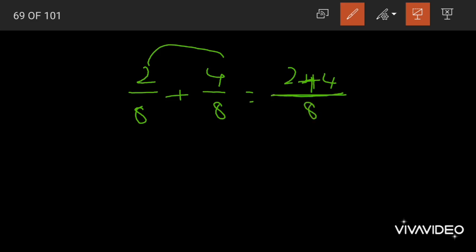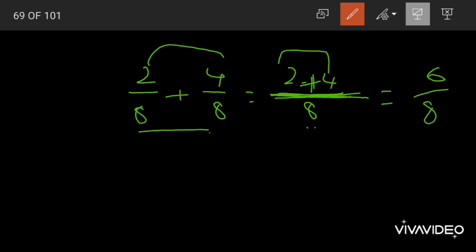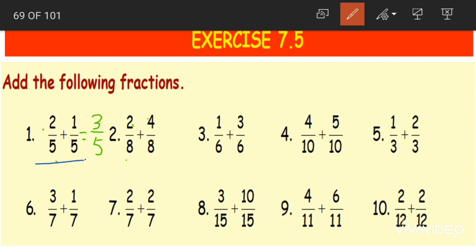Children, remember to keep this line for the sum, the whole sum divided by our denominator. 2 plus 4 is equal to 6 divided by our common denominator 8. So 2 by 8 plus 4 by 8 is equal to 6 by 8.